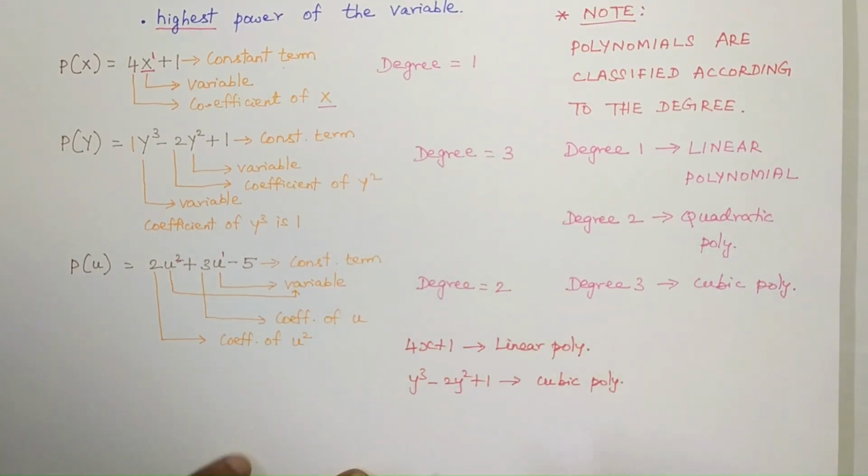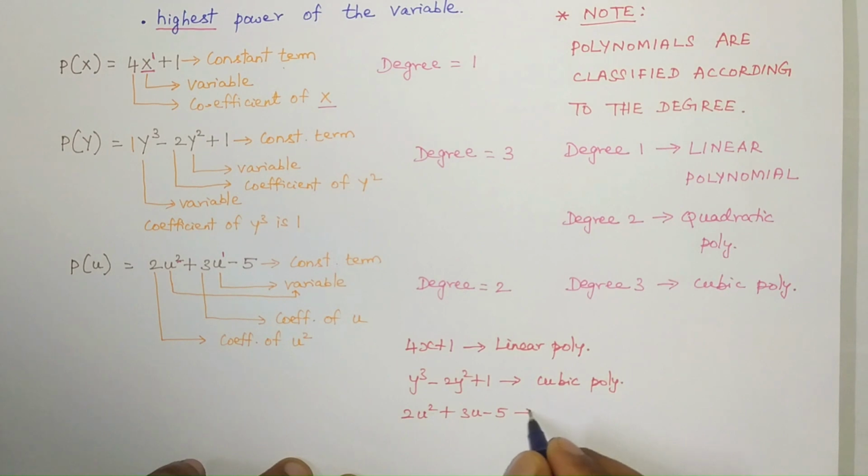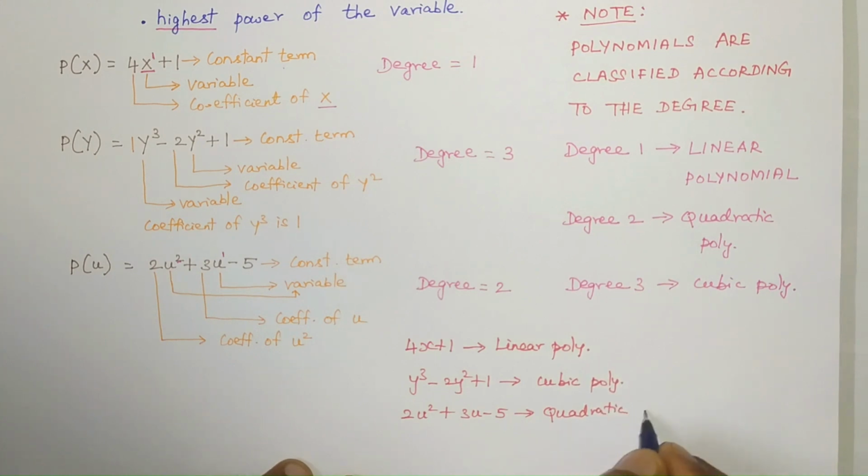Similarly, the third example which we took, 2y square plus 3u minus 5, is a quadratic polynomial. Fine.